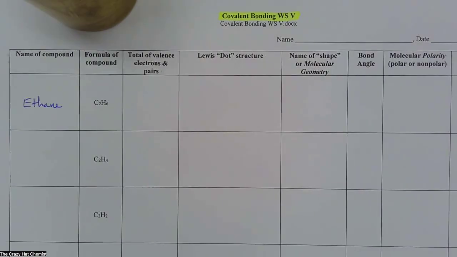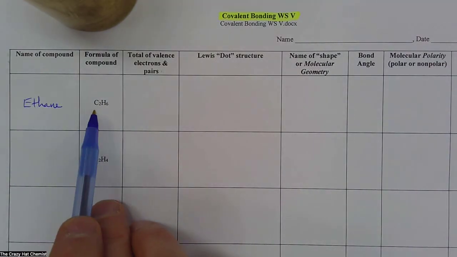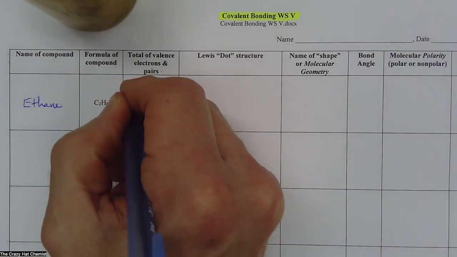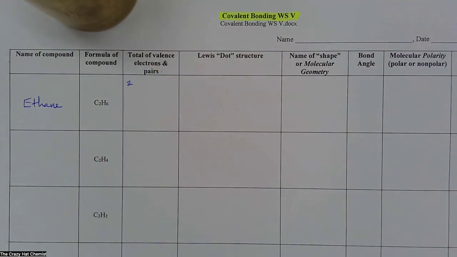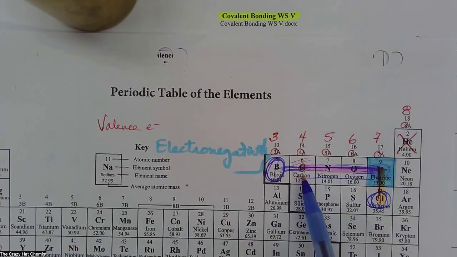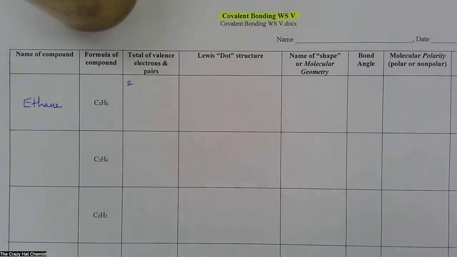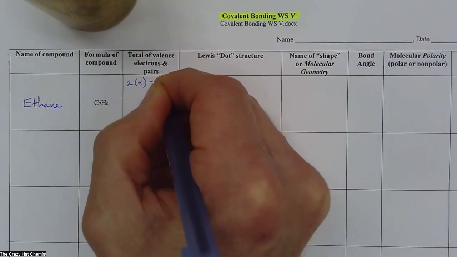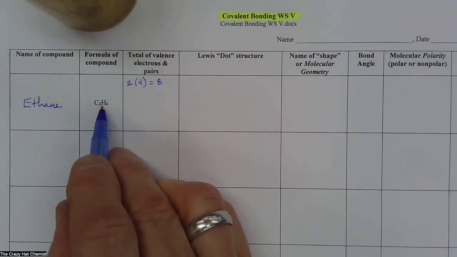This is ethane. What we're going to do is look up carbon on our periodic table. We need to find out how many carbon atoms there are. There are 2 carbon atoms, and we're going to multiply that by the number of valence electrons in carbon. How many valence electrons in carbon? Carbon has 4 valence electrons, so I'm going to multiply that by 4. That will be 8. Then hydrogens.